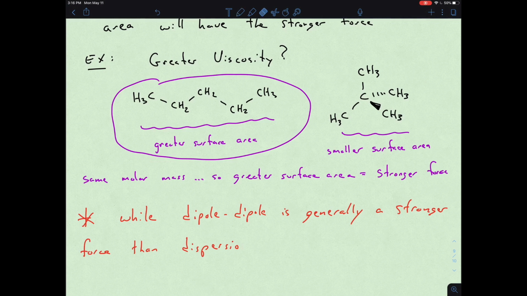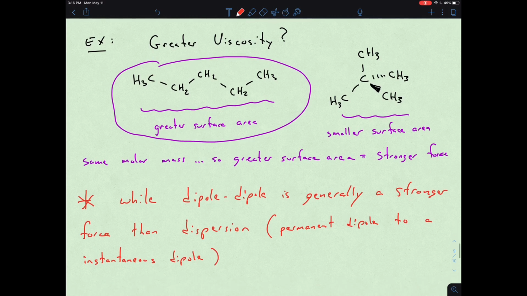So normally dipole-dipole is definitely the stronger of the two when comparing dipole-dipole to dispersion. The idea of comparing a permanent dipole to an instantaneous dipole kind of backs that notion up.